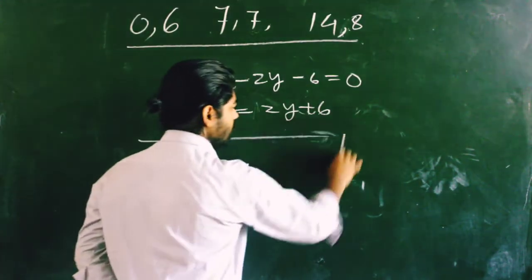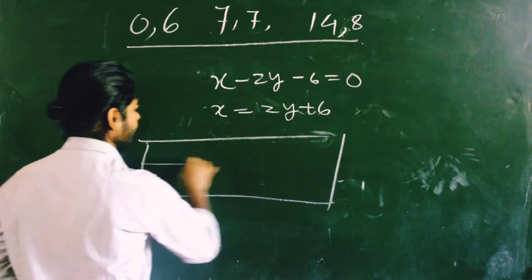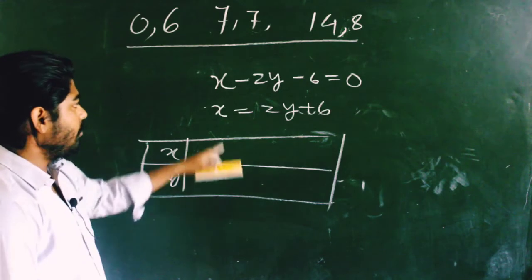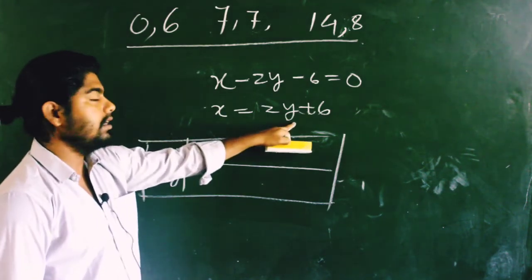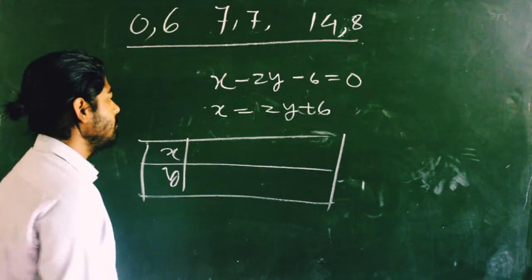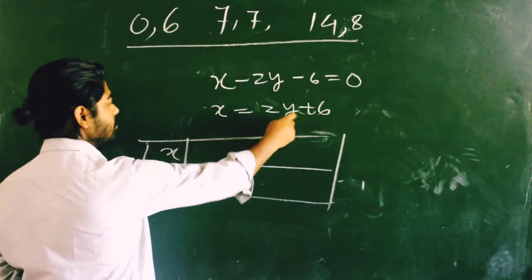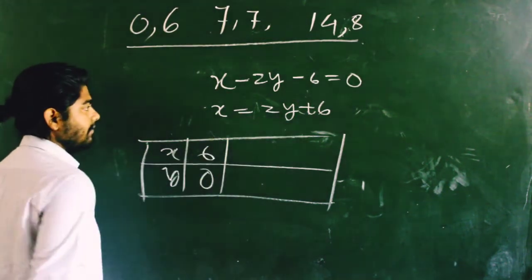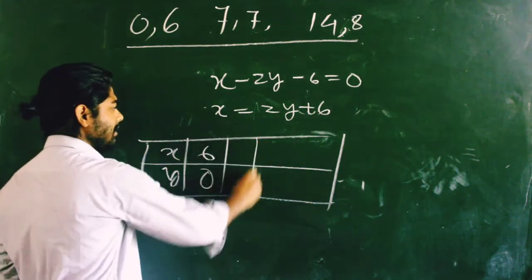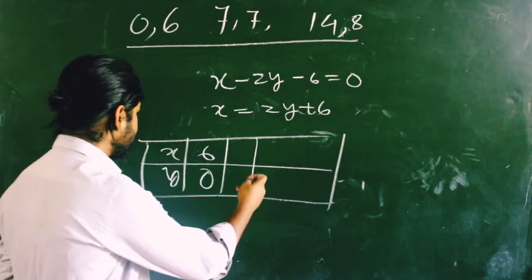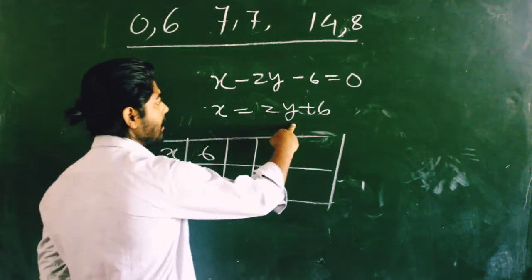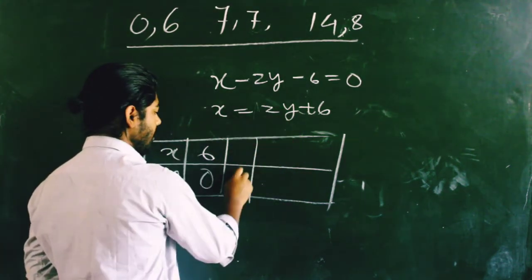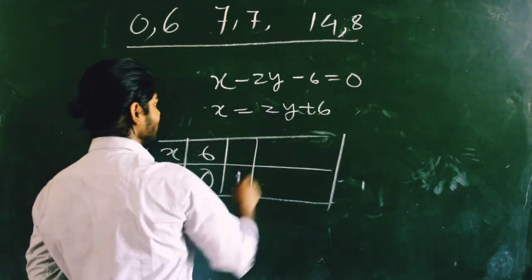If I draw the values x, y. Now you can choose either x or y. I will choose y here because it is going to give me a simple x value. So if I choose y equal to 0, 0 into 3 is 0, plus 6, so I'll get 6. Next, if I take the value y 1, 1 into 3 is 3, 3 plus 6 is 9.